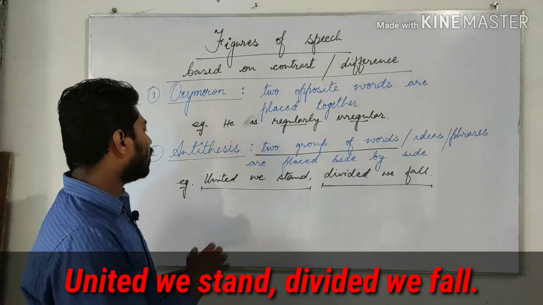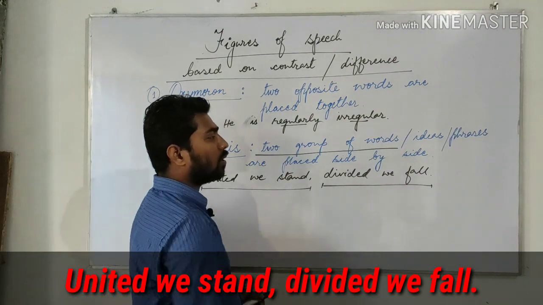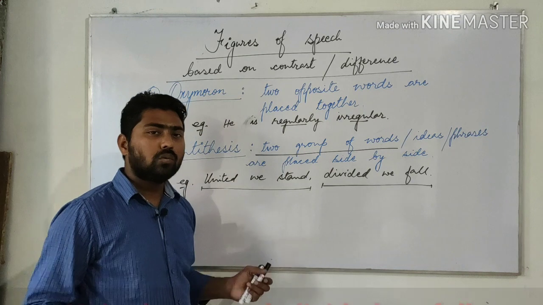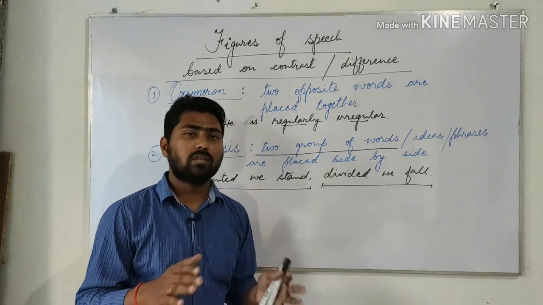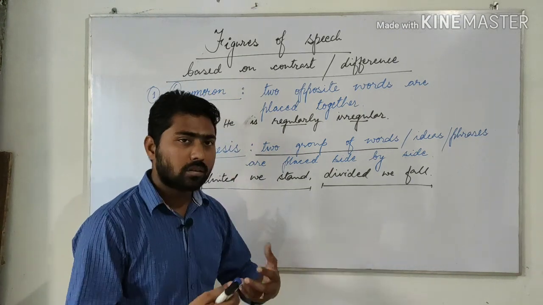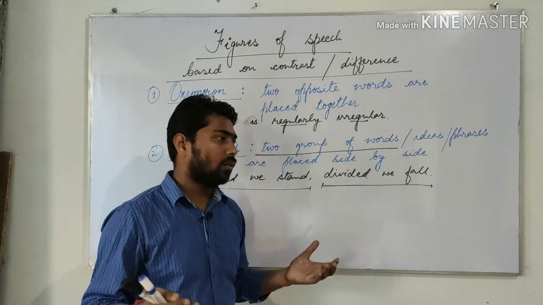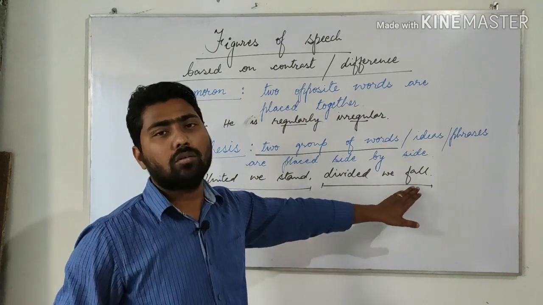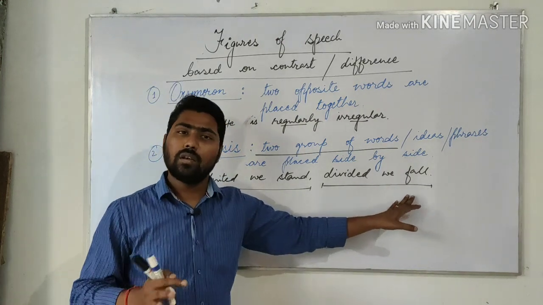One talks about unity and the other talks about disintegration. If we remain united, we can stand, and if we feel ourselves divided, we are going to fall, meaning our downfall is certain.